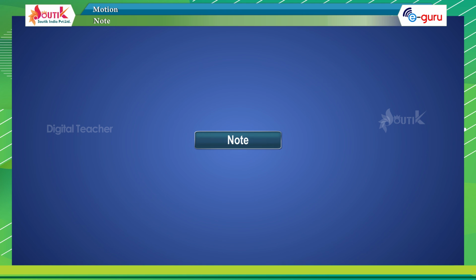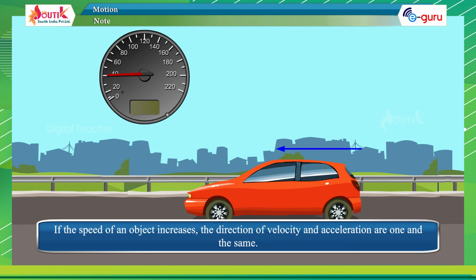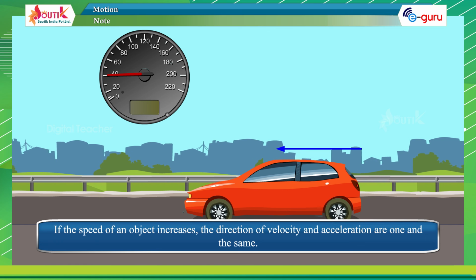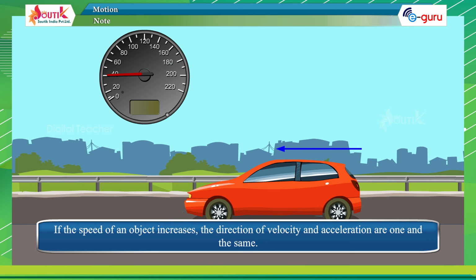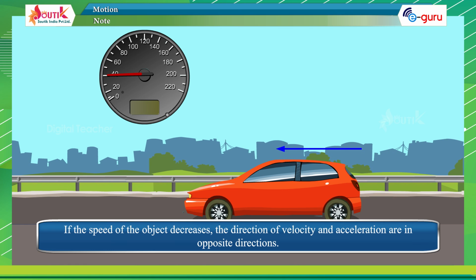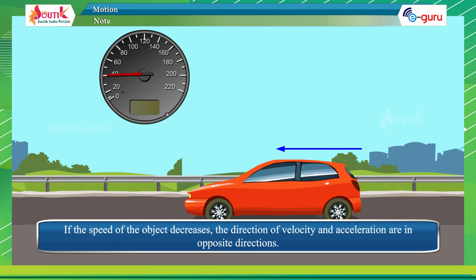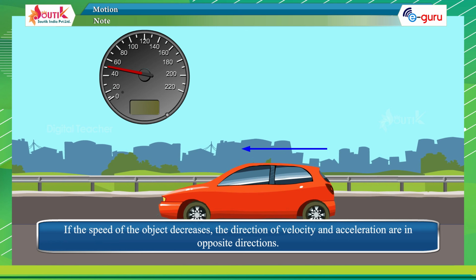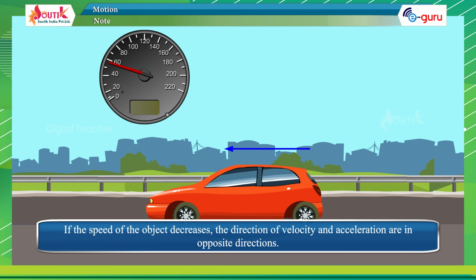Note: if the speed of an object increases, the direction of velocity and acceleration are one and the same. If the speed of the object decreases, the direction of velocity and acceleration are in opposite directions.